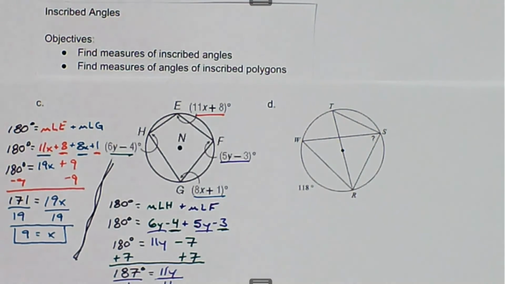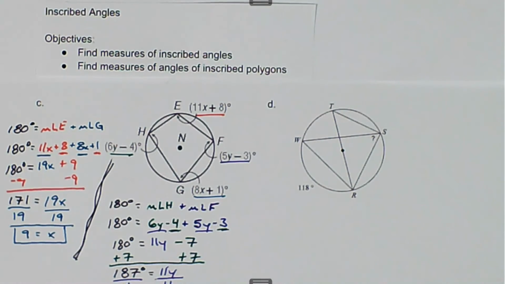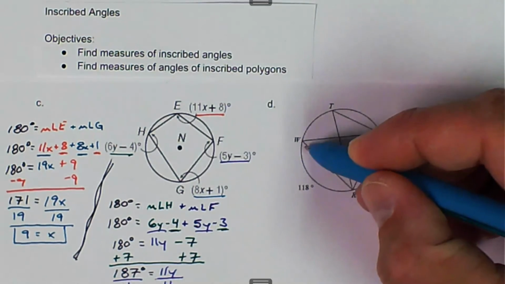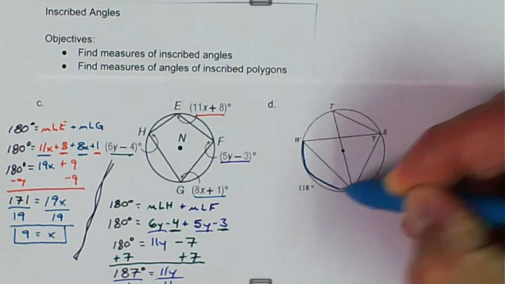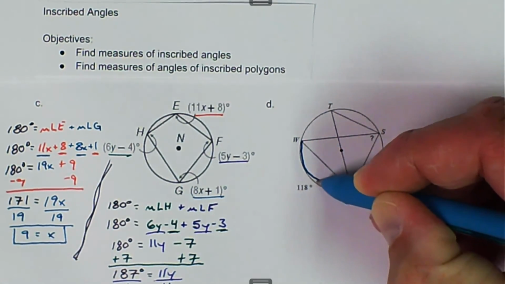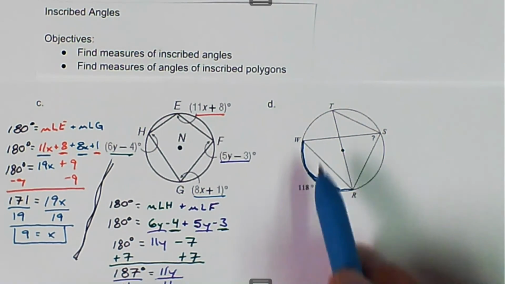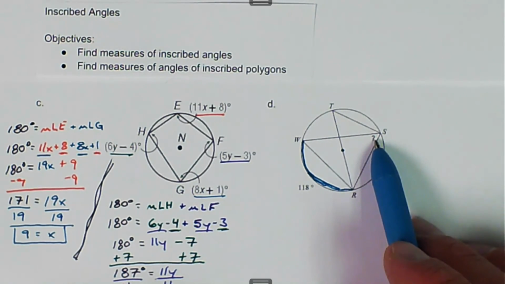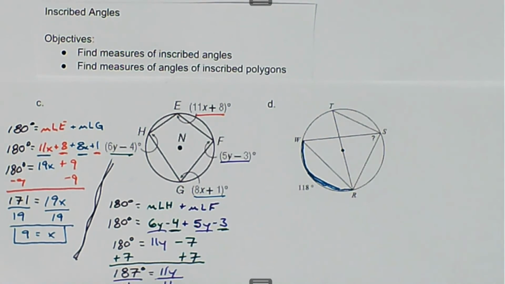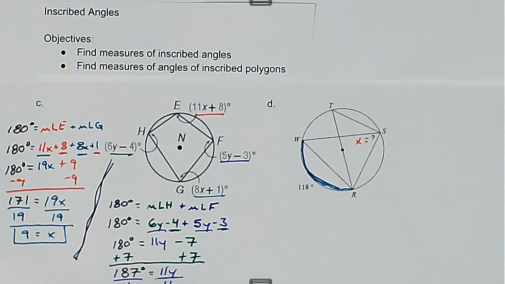We're given the intercepted arc of WR as 118 degrees. So the angle WSR is inscribed. The angle that we're looking for right here, which we're going to call X, is just equal to half that angle.